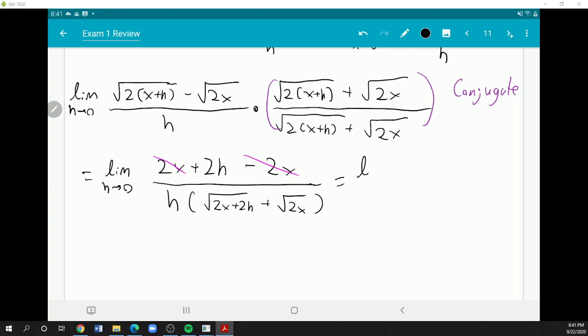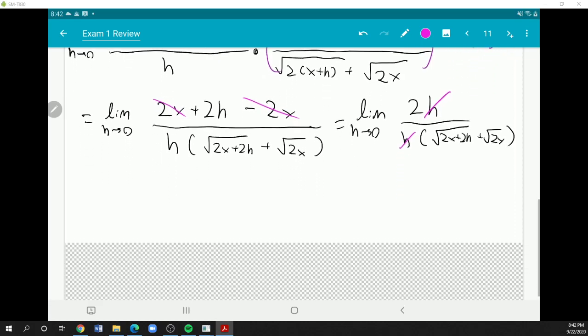So we have limit h goes to 0, 2h over h times (root 2x plus 2h plus root 2x). The h's cancel. So I have limit as h goes to 0 of 2 over some other stuff.